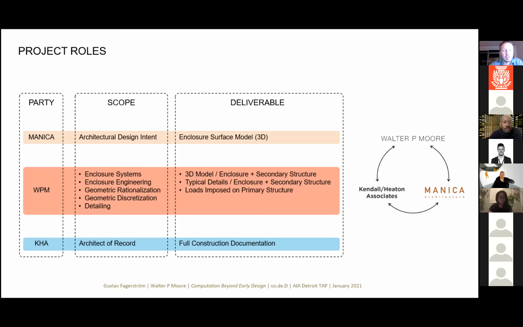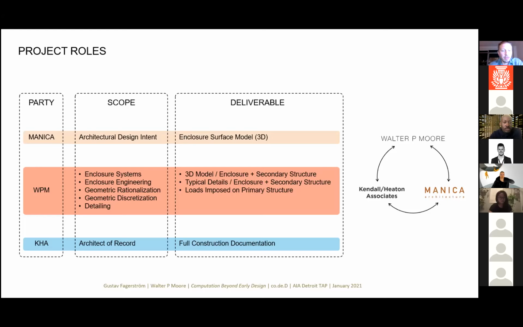Our task was then to formulate and devise enclosure systems, do the enclosure engineering, geometric rationalization, discretization, and detailing, delivering that in the form of 3D models, both for enclosure and the secondary structure that holds up the enclosure, as well as a set of typical details. And of course, reporting the loads imposed on the primary structure from our systems.